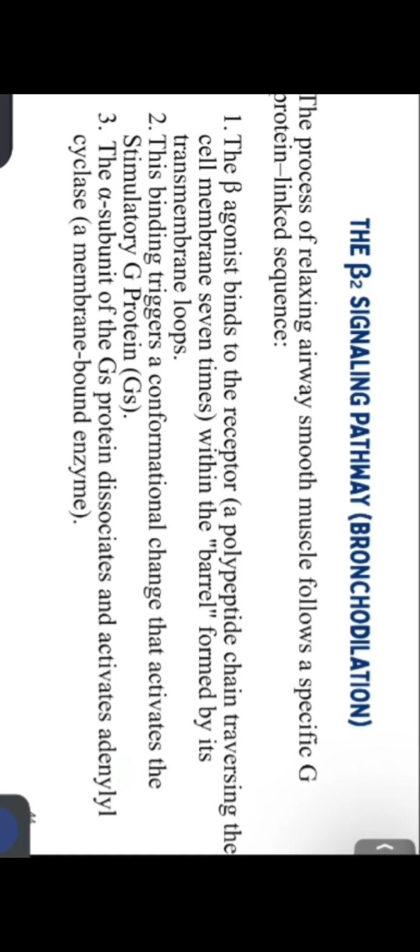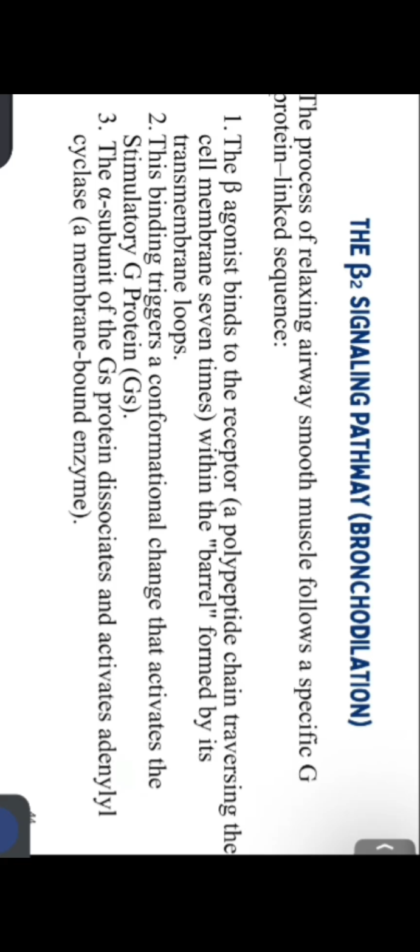So, the beta 2 signaling pathway for bronchodilation. This is the process of relaxing airway smooth muscle, which follows a specific G protein-linked sequence. First step, the beta agonist binds to a receptor, a peptide chain traversing the cell membrane 7 times.